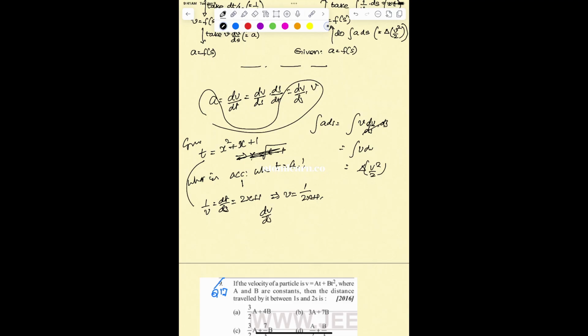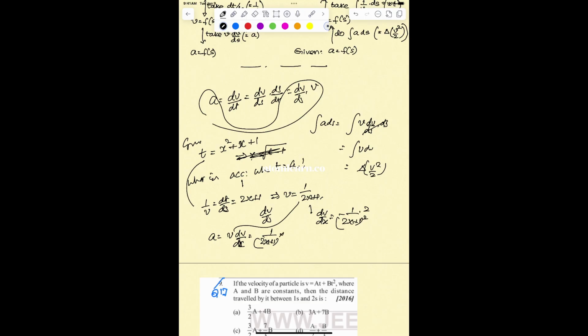Because the next stage is that a is given as v dv by dx. Since we already know v as 1 by 2x plus 1, we now take dv by dx, differentiating again with respect to x, which is minus 1 by 2x plus 1 whole squared into 2.